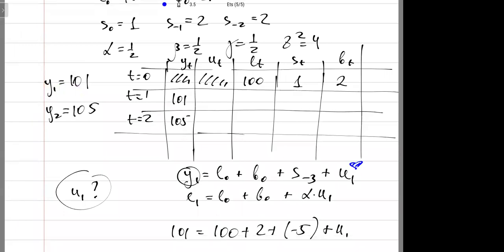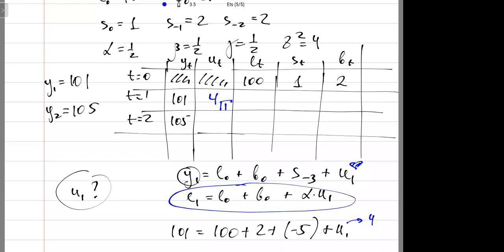U1 in our case is 4. So we know U1 is 4. Now we use this equation. This is the first indicator we fill in our table.